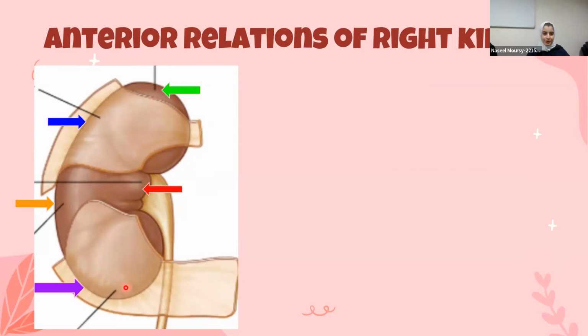Small. Good. Okay. And finally, the red one. Duodenum. Yeah, see? So this is where the duodenum comes in. And it's the descending part of the duodenum or the second part.